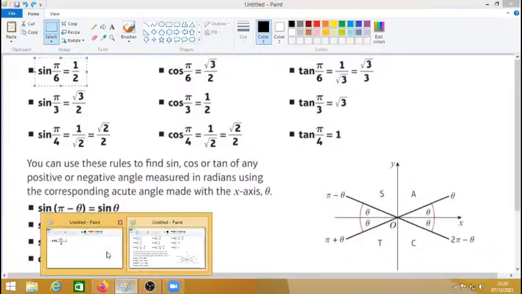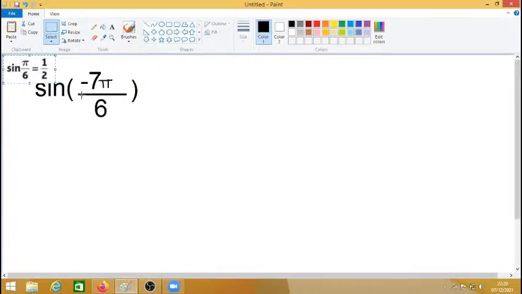Then you want to take a look at the question and try to rewrite it. Somewhere in there is a sine pi over 6 or something like that. So here we could say sine of minus 7 over 6 can be written as minus a whole and then another minus 1 over 6. So that's one way of doing it.